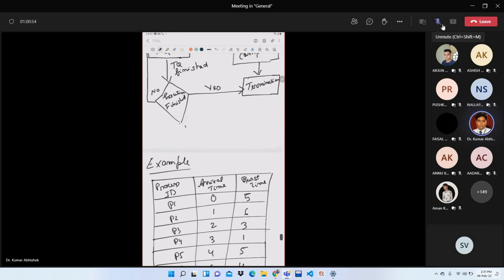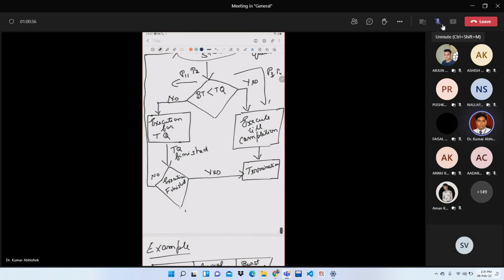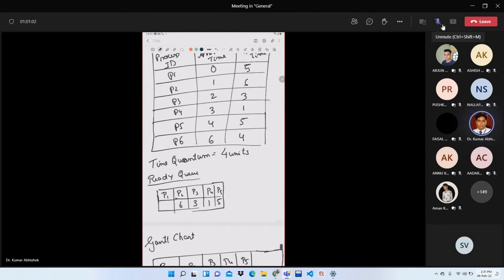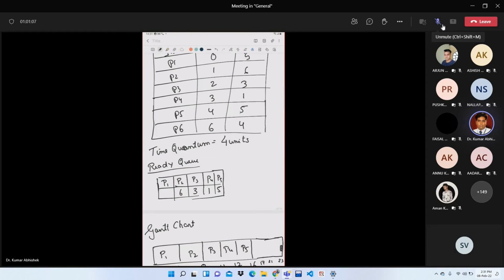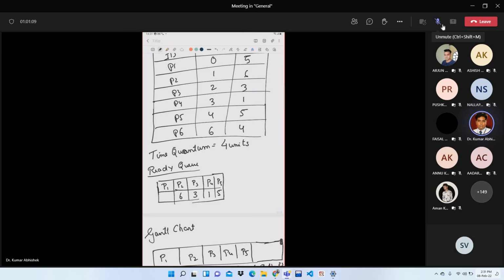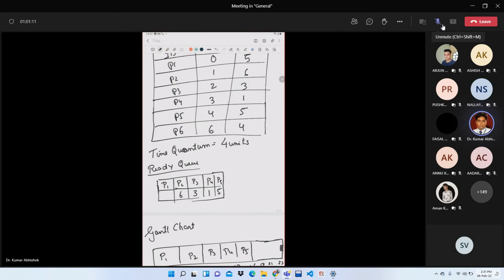Now P1, as I said, will be following this one. Time quantum execution finished. Is execution finished for P1? No, P1 requires one more time unit. So P1 will be moved again to the ready queue. Where will it be moved? It will not be in the first position.